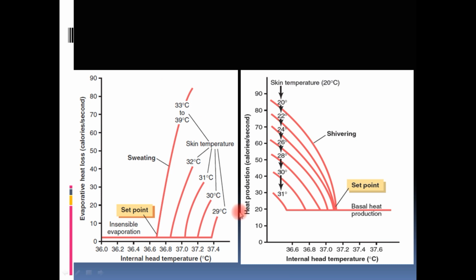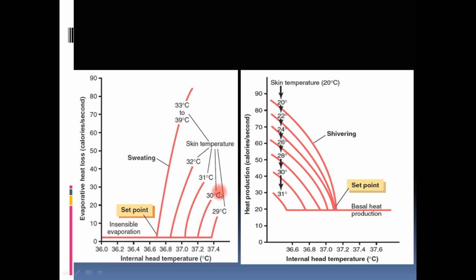So as you can see in both diagrams, skin temperature is one of the sensory mechanisms which favors the regulation of core body temperature, and it has the capacity to alter the set point towards the more favorable temperature, so that the body temperature can be regulated.